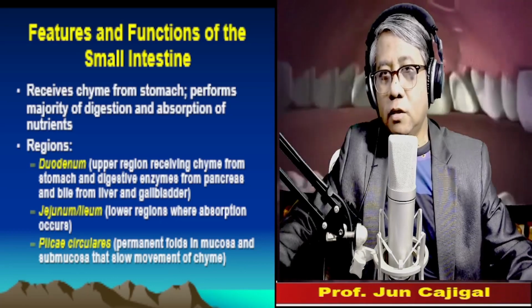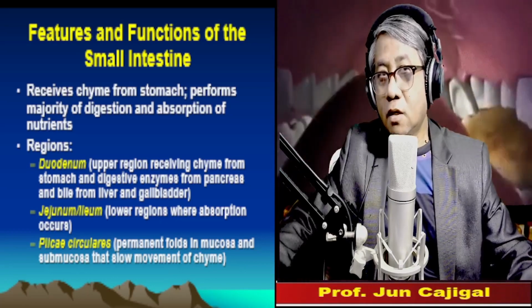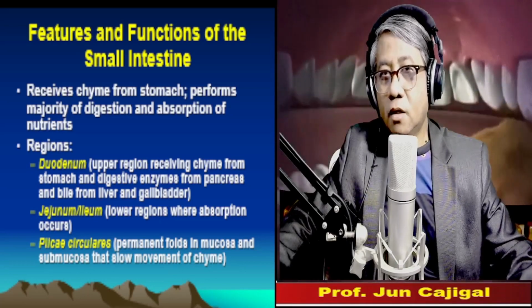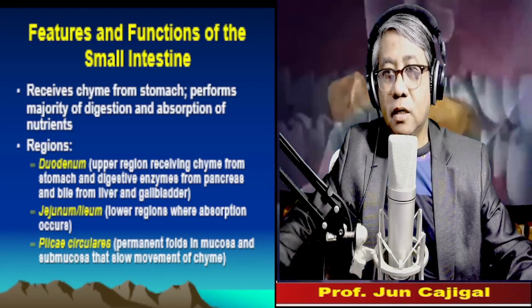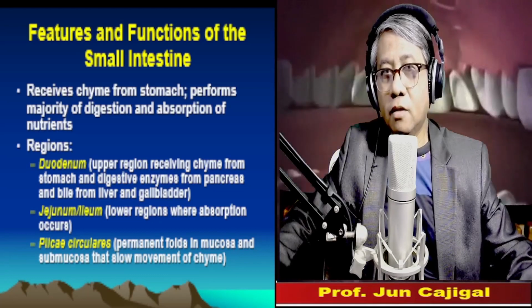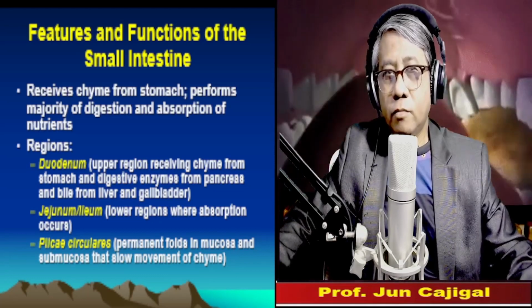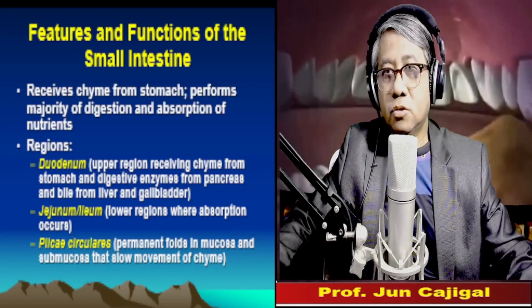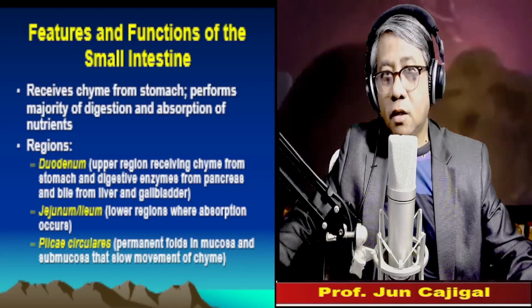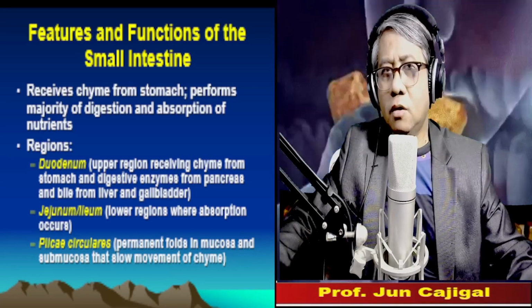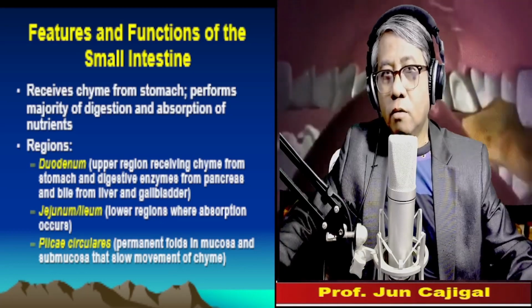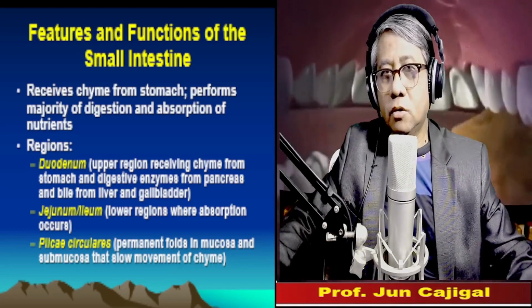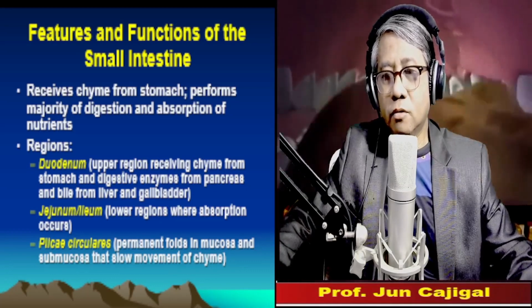First, we have the duodenum, which receives chyme from the stomach and also digestive enzymes from the pancreas and bile from the liver and the gallbladder. Then from the duodenum, the next section is the jejunum, and this is followed by the longest section of the small intestine, or the ileum, where most of the absorption of digested food occurs.